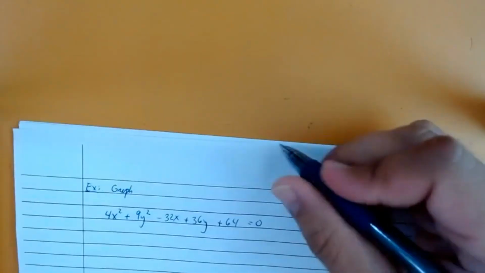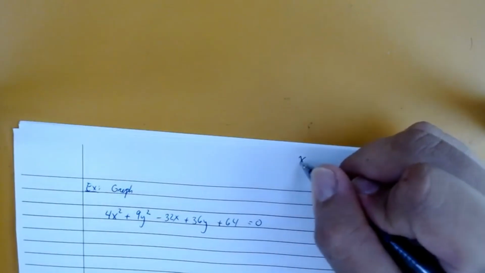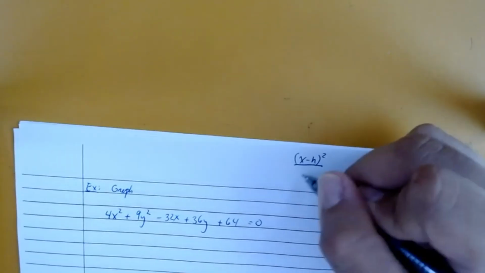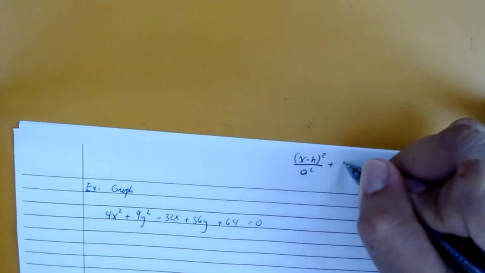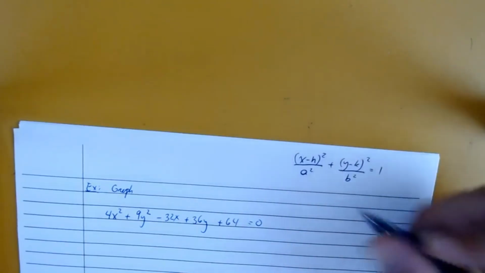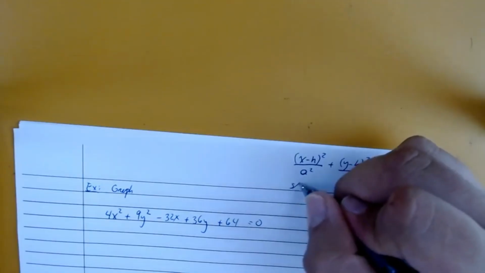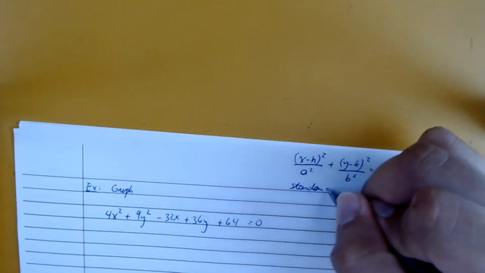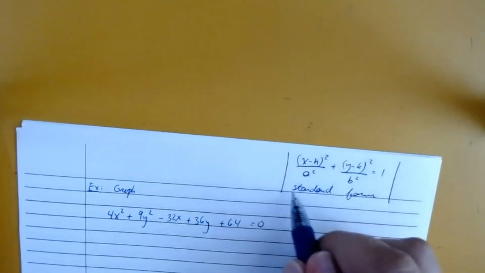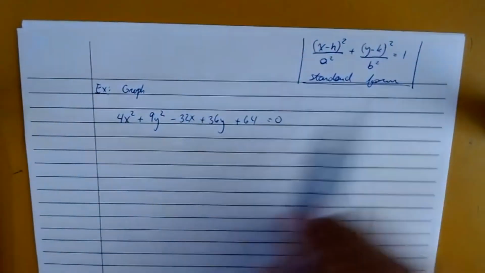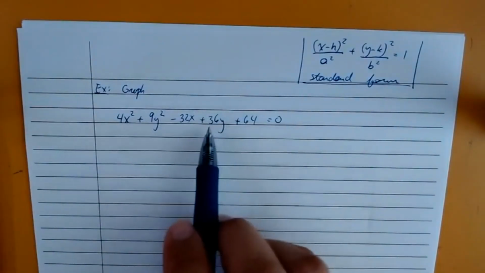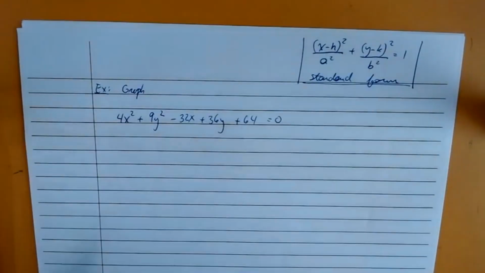What we would like is to have our ellipses always look like this: (x minus h) squared over a squared plus (y minus k) squared over b squared equals 1. This is called the standard form. This doesn't look like that. Even if we take the constant and move it over, it's these terms that cause the problem. We're not supposed to have any linear terms. Everything's supposed to be quadratic.